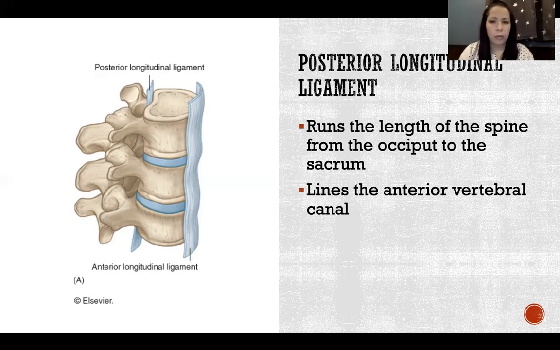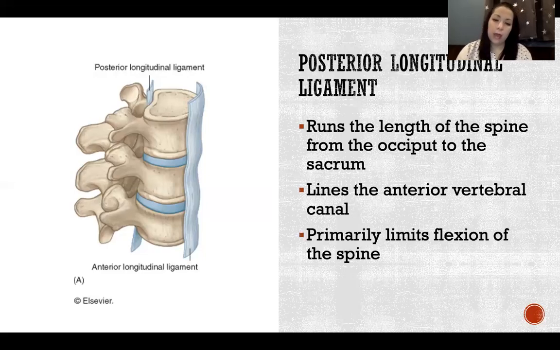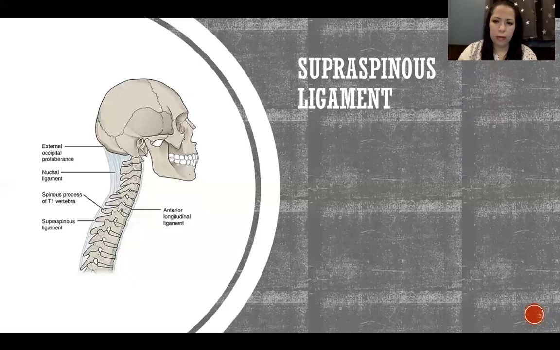That might help you remember where it's located: the anterior longitudinal ligament is on the anterior vertebral bodies, and the posterior longitudinal ligament is on the posterior side of the vertebral bodies, which is the anterior portion of the vertebral canal. It primarily limits flexion of the spine, again as a passive inert restraint. When we go into flexion, we'll be limited by the flexibility permitted by the posterior longitudinal ligament.